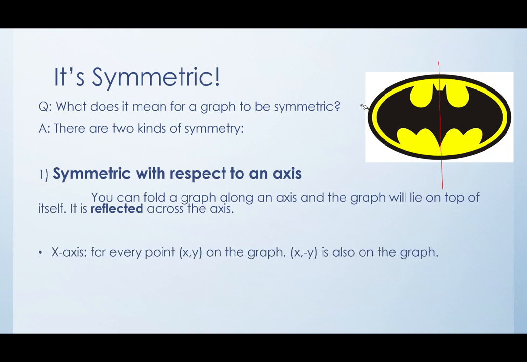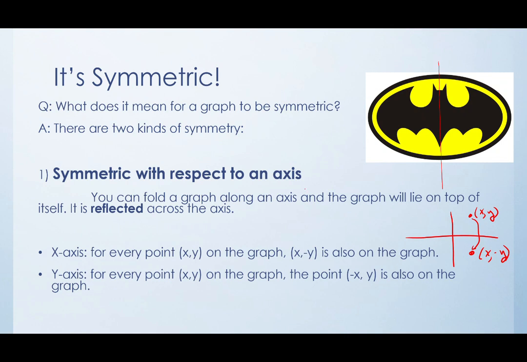So if we do this with the x-axis, we've got some point x comma y, and if we're reflected across the x-axis, then that means we also have the point x comma negative y on our graph. Pretty straightforward. On the y-axis, pretty much the same story.